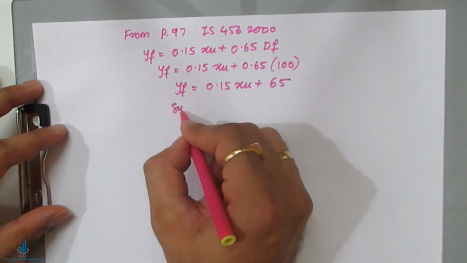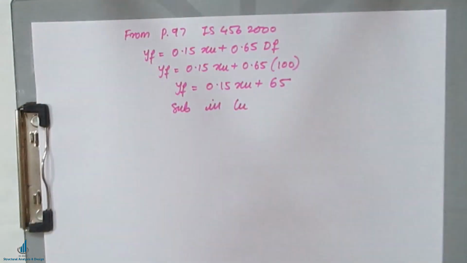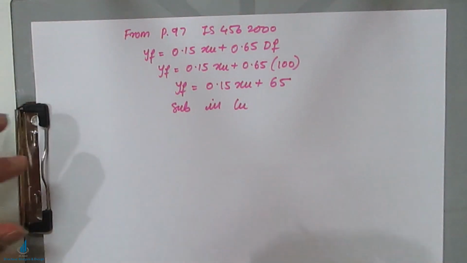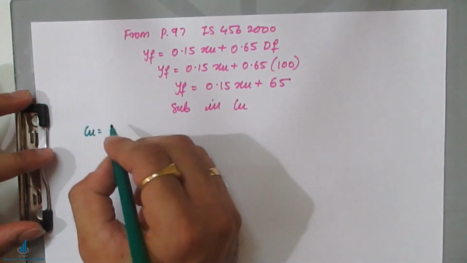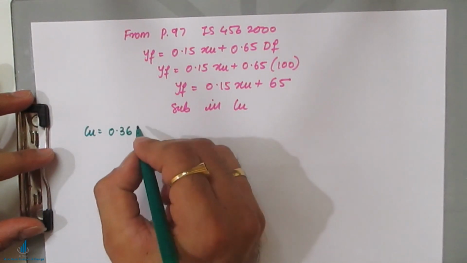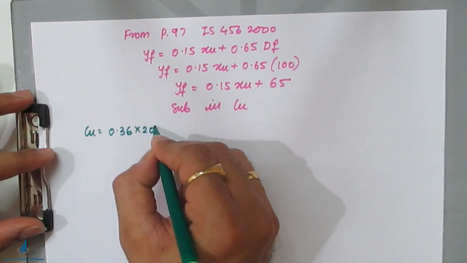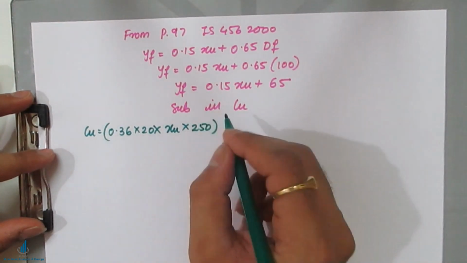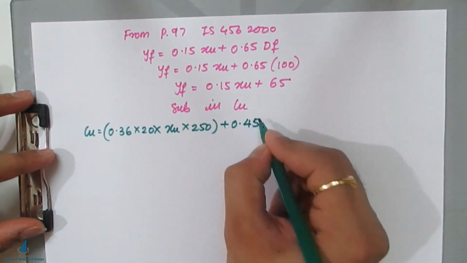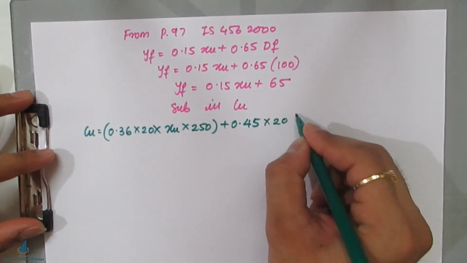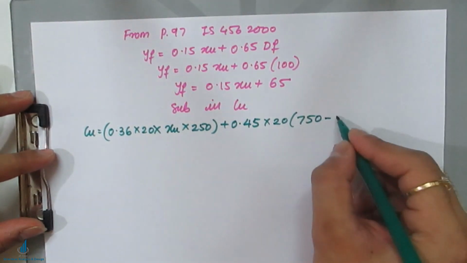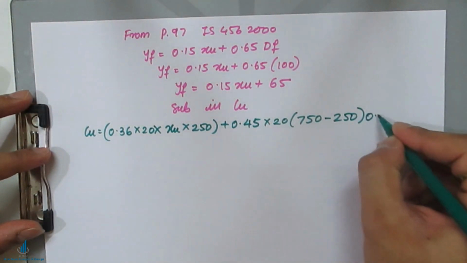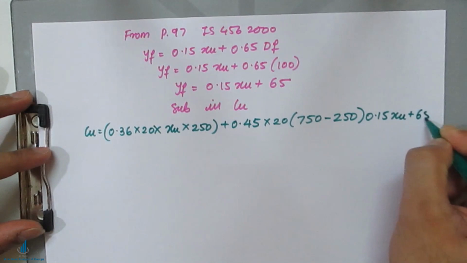So substitute in Cu. When you substitute in Cu, the equation looks like this. Cu equals 0.36 into 20 into xu, which is unknown, into 250, plus 0.45 into 20 into 750, that is bf, minus bw, that is 250, into yf. yf is 0.15 xu plus 65.